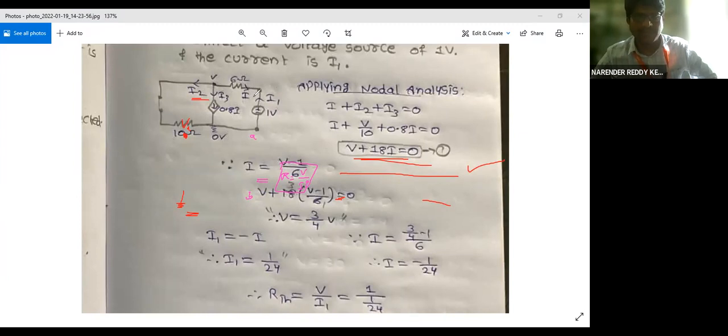It is by 6 ohms, right? Can I write this equation? Yes or no?